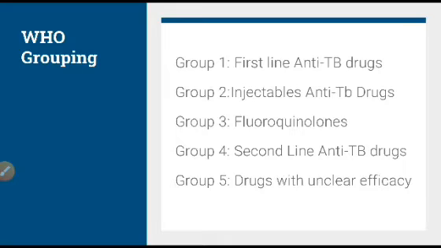Group 5, the last group. Here we are keeping those kinds of drugs which have unclear efficacy and are not recommended for MDR TB, but may be used in extensively resistant TB, which we call XDR TB.